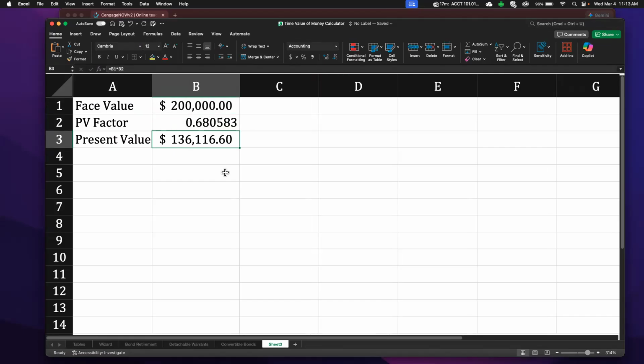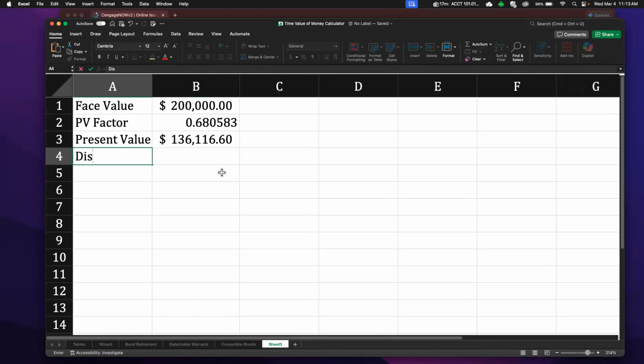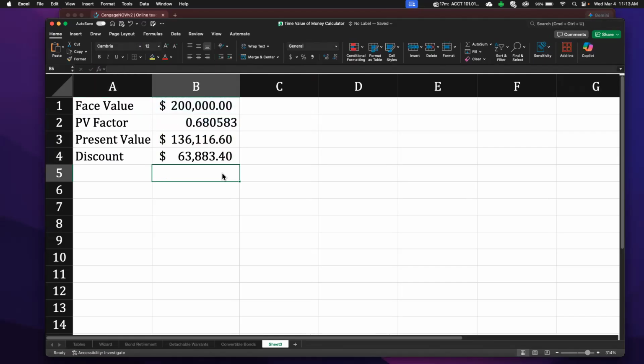So we have $136,116.60. We need to find the difference between our present value and our face value. That's our discount. So our face value minus present value, $63,883.40. That discount is basically future interest.